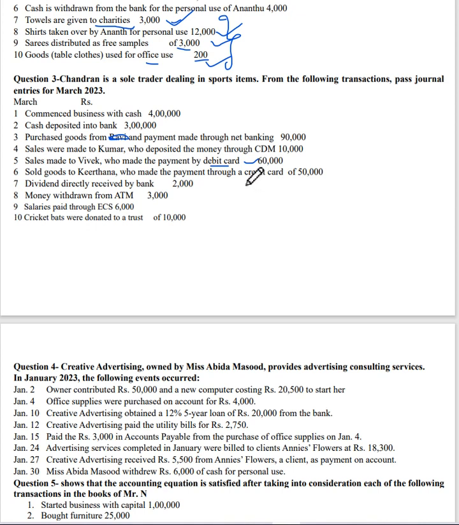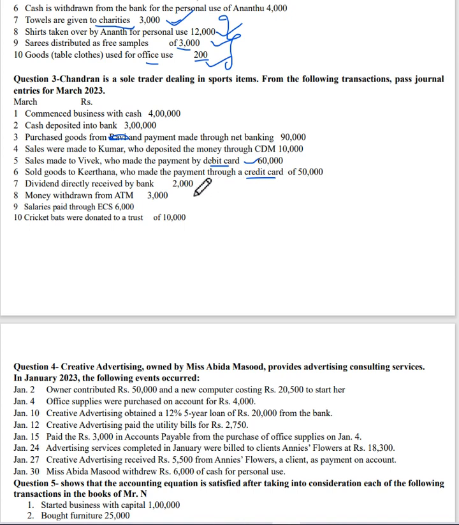Again credit card is also a banking item. Credit card doesn't mean here that she has purchased the goods on credit basis. When she used a credit card also, the amount is being paid to us. Okay, so we have received our amount here. The transaction will be the same, bank account debtors to sales account.